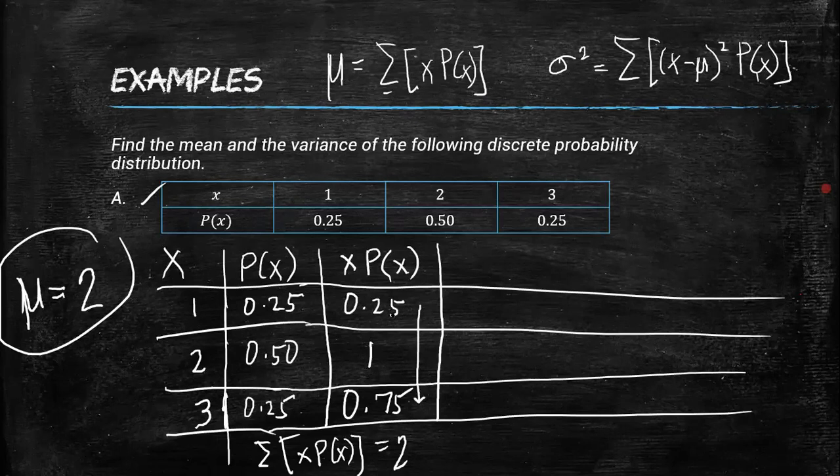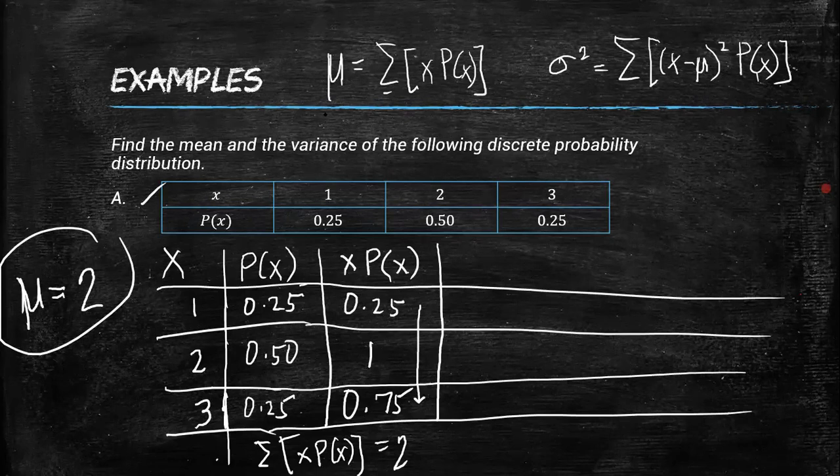So 0.25 plus 1 plus 0.75, the summation of x times p of x is equal to 2. Ngayon, since nakuha na natin yung summation of x times p of x, yun na po yung ating mu. Kaya our mu is equal to 2. Ayun siya. Nakuha po? Thank you po, sir.